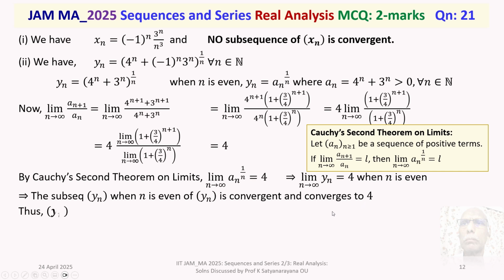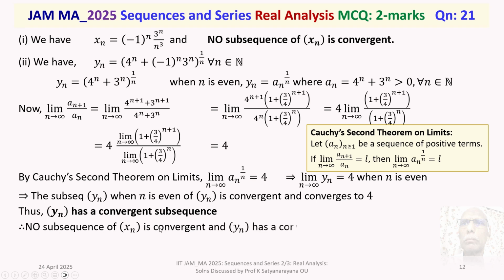That means the sequence yn has a convergent subsequence. Thus, what we have proved is no subsequence of xn is convergent. That's what we have seen in the last slide. And now we have seen yn has a convergent subsequence converging to 4.